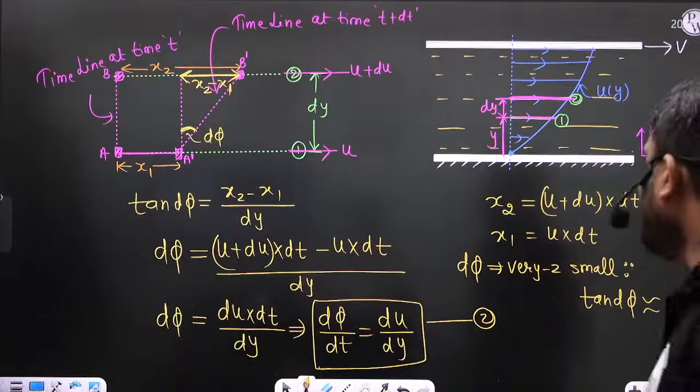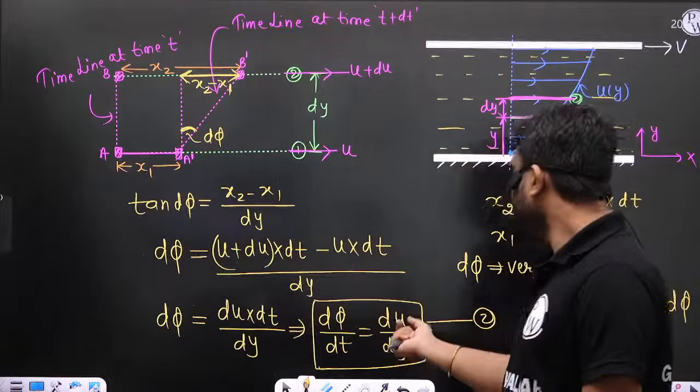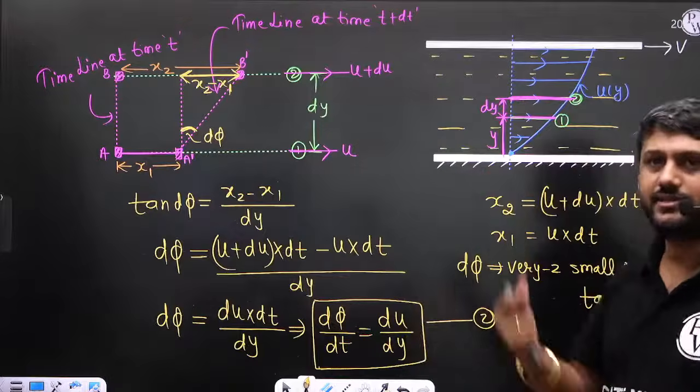And what is du by dy? The du by dy is nothing but the velocity gradient in the y direction, right?